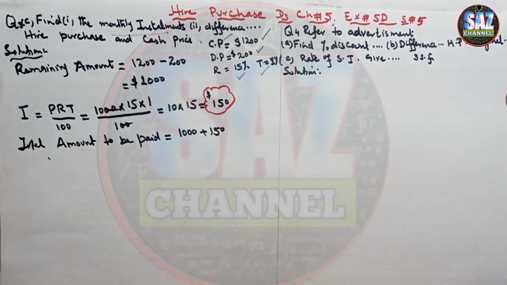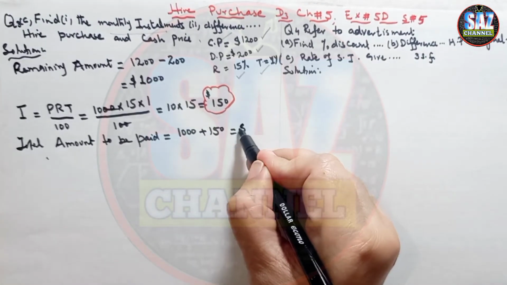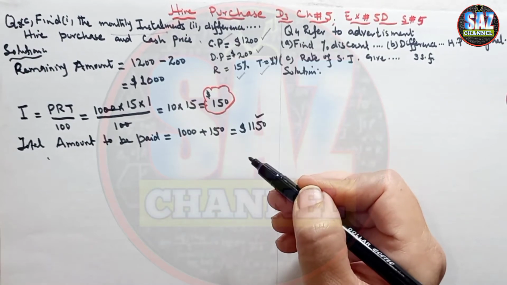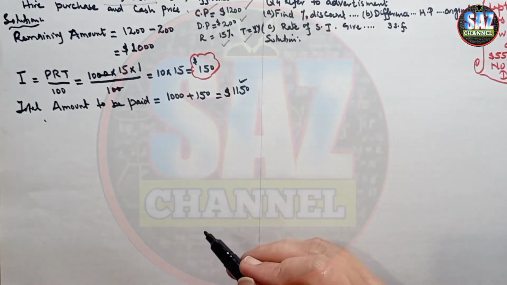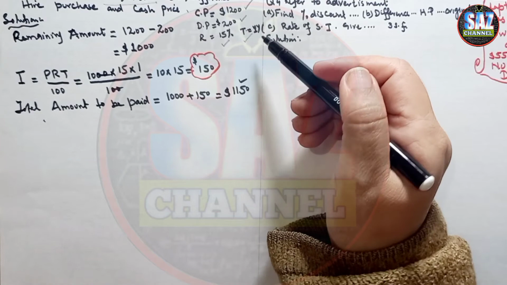So it will take the form 1,000 plus 150, and this is $1,150. Okay, it's the amount that he still has to pay. And now what is the time period in which he has to return that amount? That is 1 year, that is equal to 12 months.